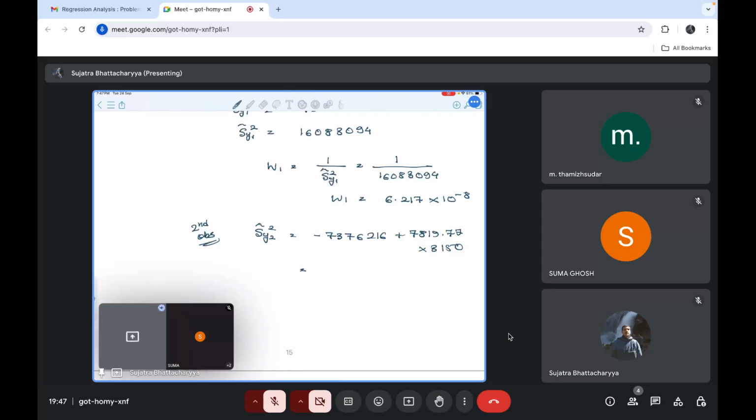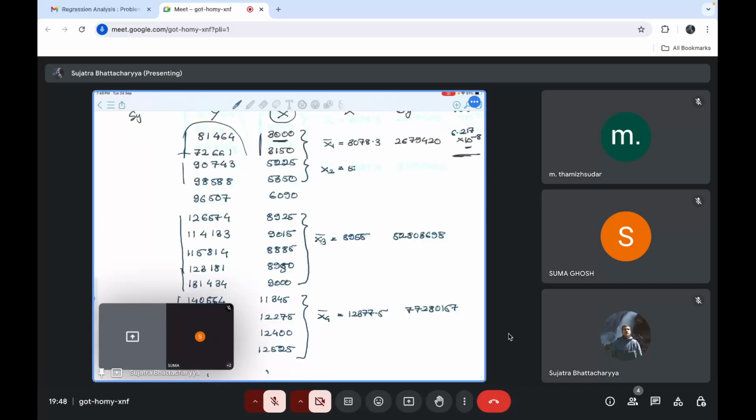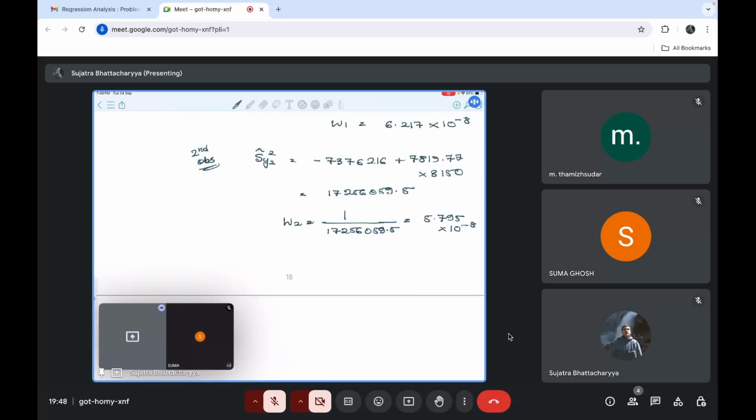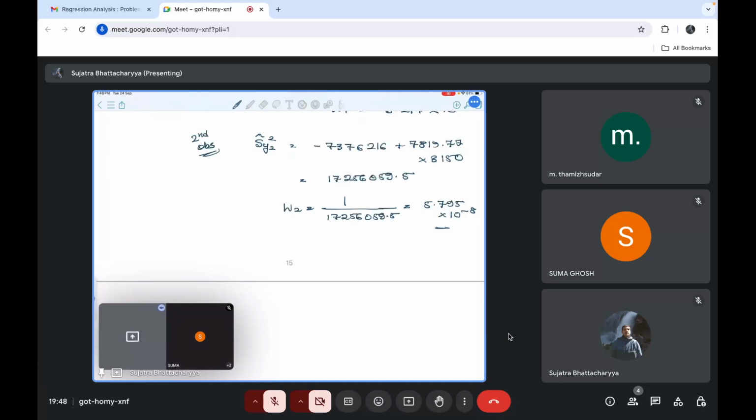This gives you 17256059.5, and hence W2 will be 1 upon 17256059.5, and this comes out to be 5.795 into 10 to the power minus 8. So the second weight is this. This is the way from the data the weights are calculated. This is a very long procedure through which the weights are calculated, and then you can fit weighted least square. That's all. The matrix problems and all.